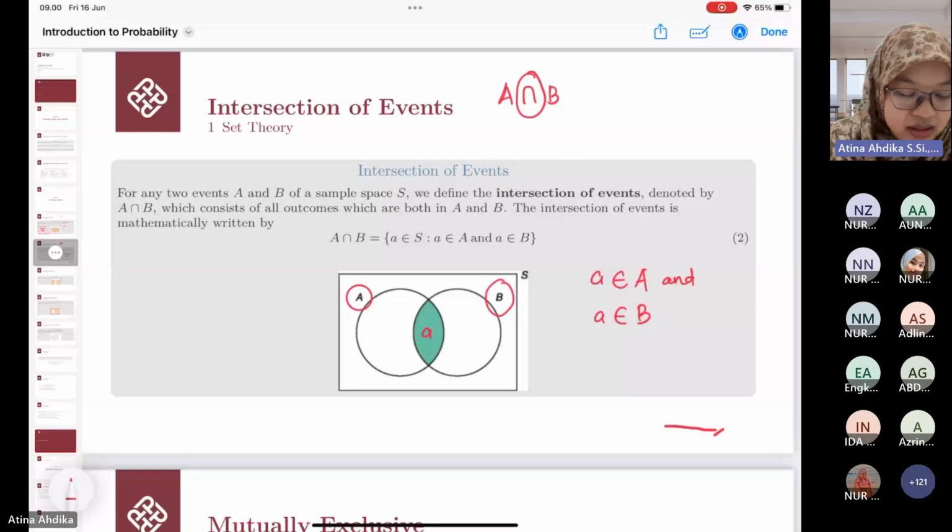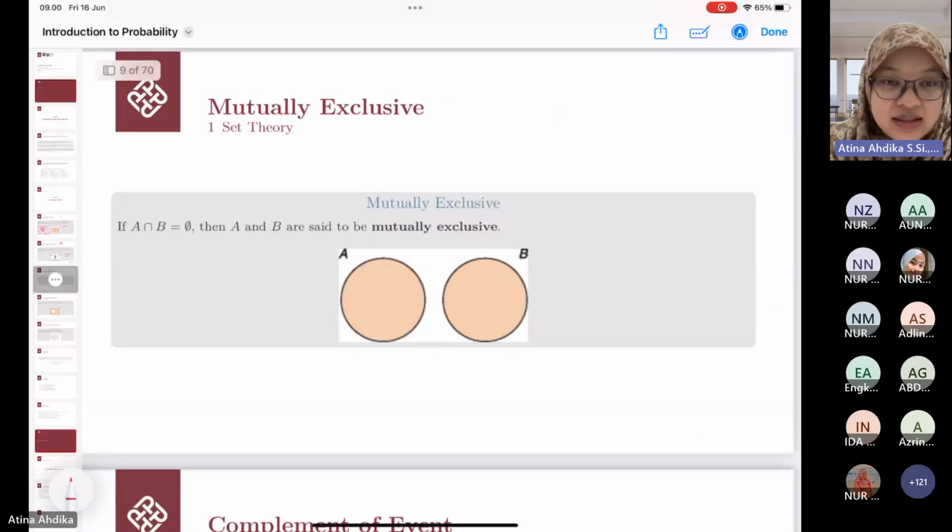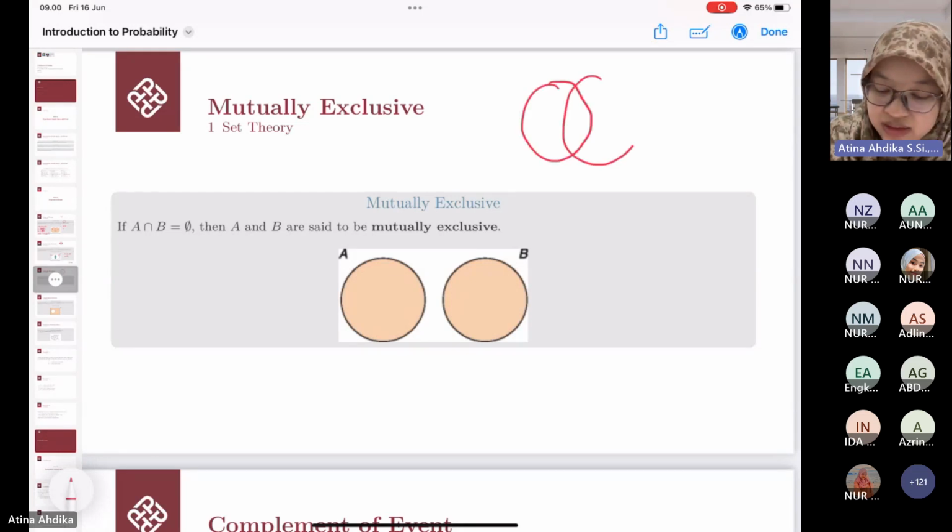Okay, and then the third property is the mutually exclusive events. If we have two events, A and B, and there is no intersection between A and B, then we can say that A and B are mutually exclusive. If we have an intersection, then the diagram of A and B will be like this.